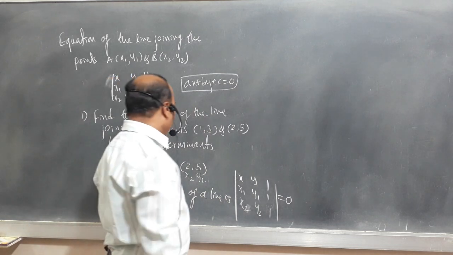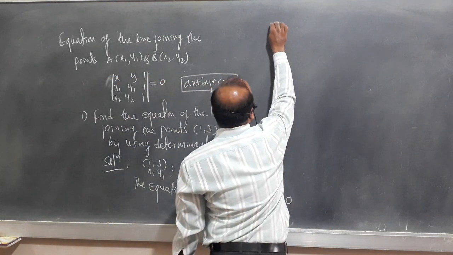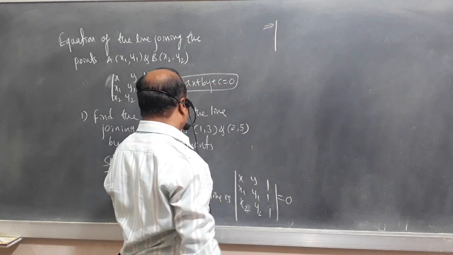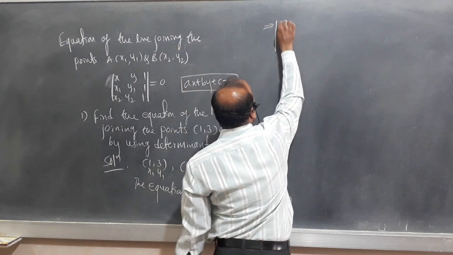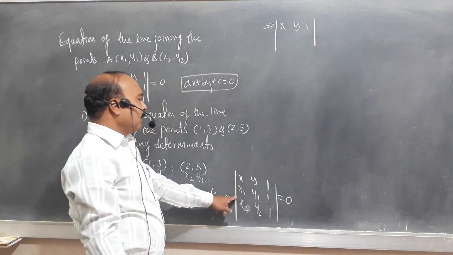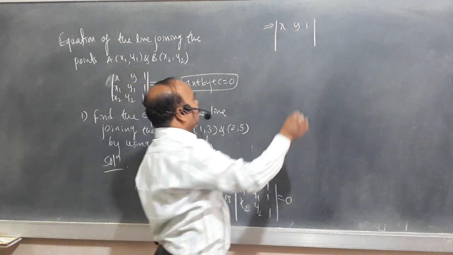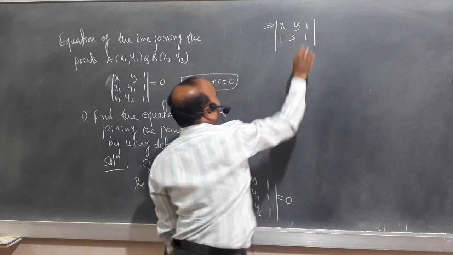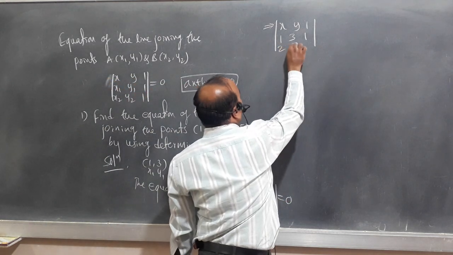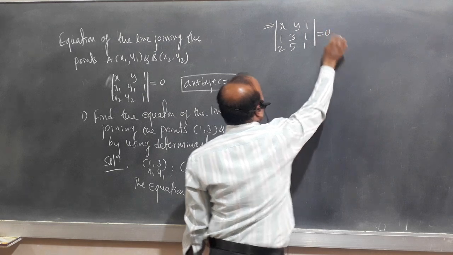Now we substitute the values. The first row x, y, 1 stays as it is. The second row changes to x1, y1, that is 1, 3, 1, and the third row is 2, 5, 1. It is equal to 0.